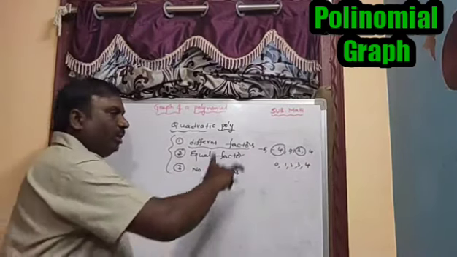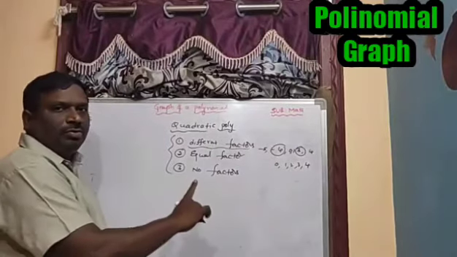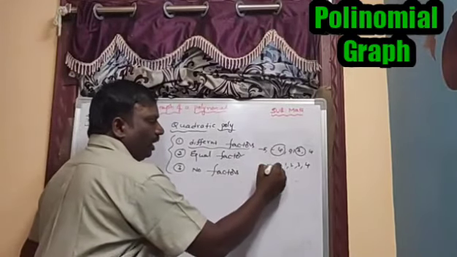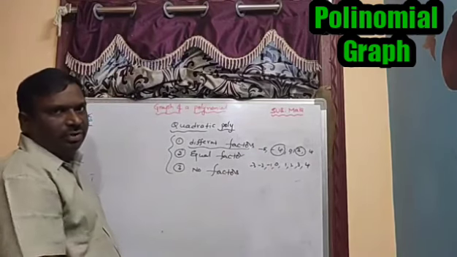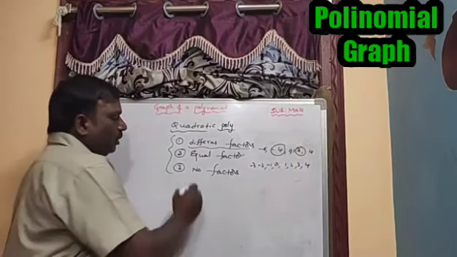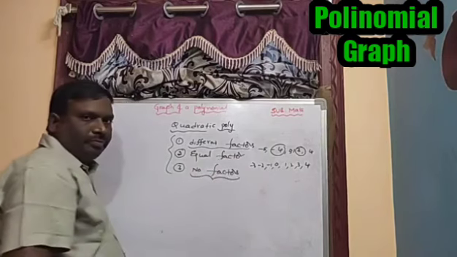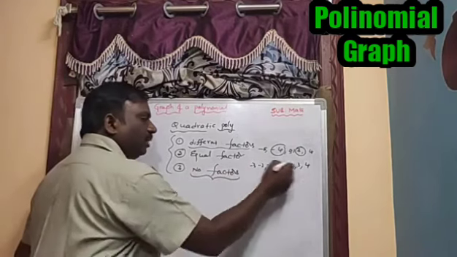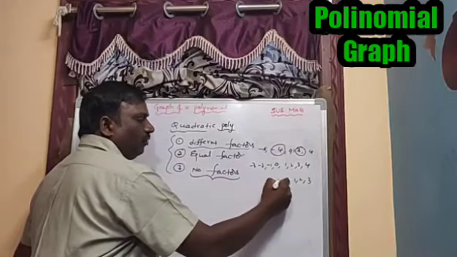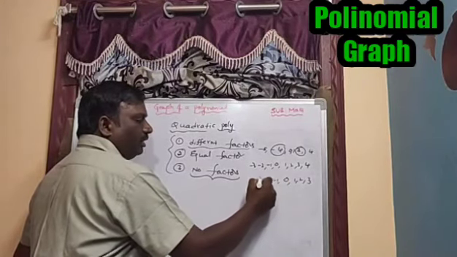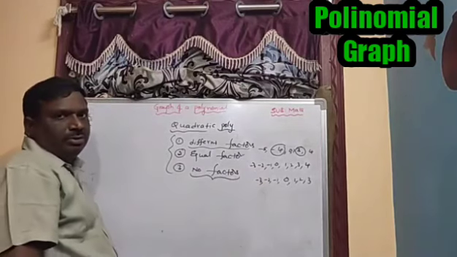Equal factors are 4, that's why we definitely have to take up to 4, and minus 1, minus 2, minus 3, so minus 4 also we can take. For no factors, it is similar: 0, after 3 values, and before 0, minus 3 values you can take.